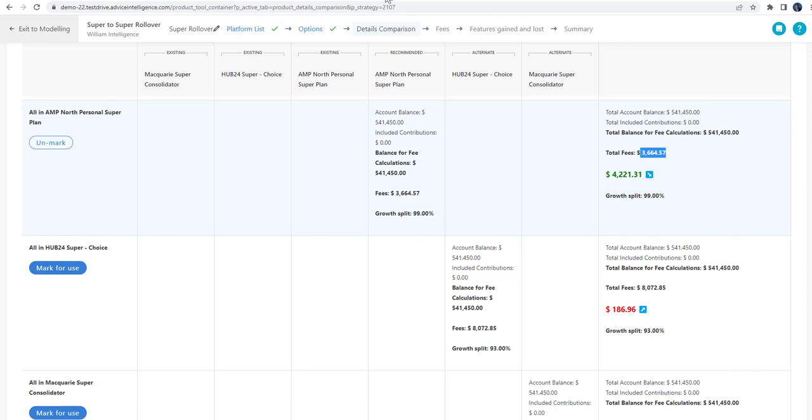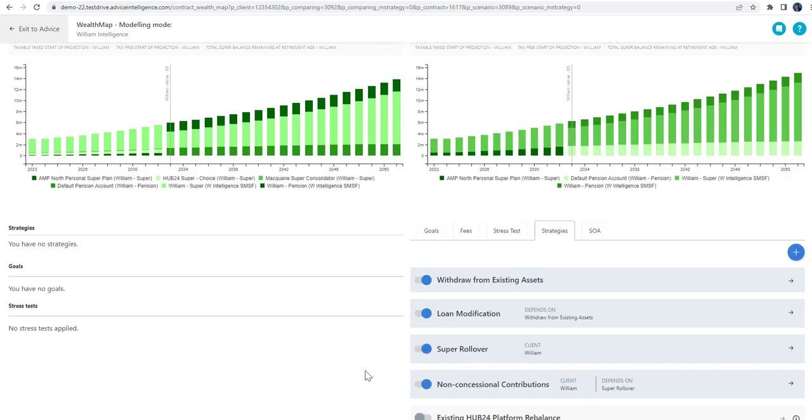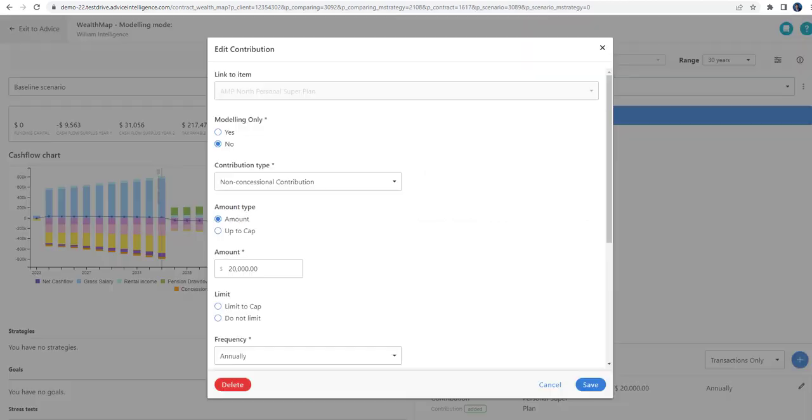And we're also doing some non-concessional contributions as well. In the previous demonstration of AI, we did touch on this. So you can, of course, contribute a specific amount, like I've done today, $20,000 until retirement.